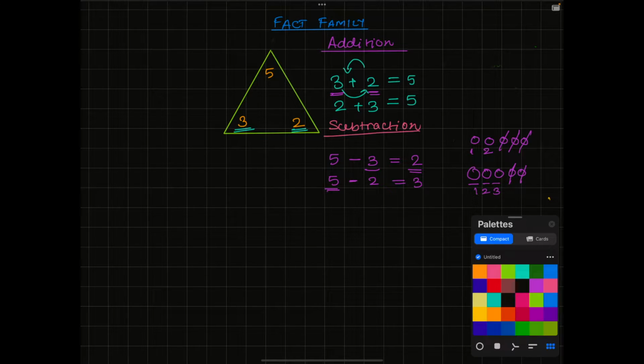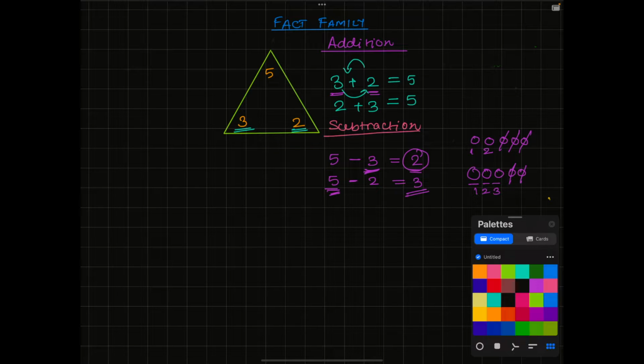The answer is 3. So what do we learn about the relationship between these three numbers? If you take away 3 from 5, the answer is going to be 2. If you take away 2 from 5, the answer is going to be 3. So that is the relation between these three numbers.